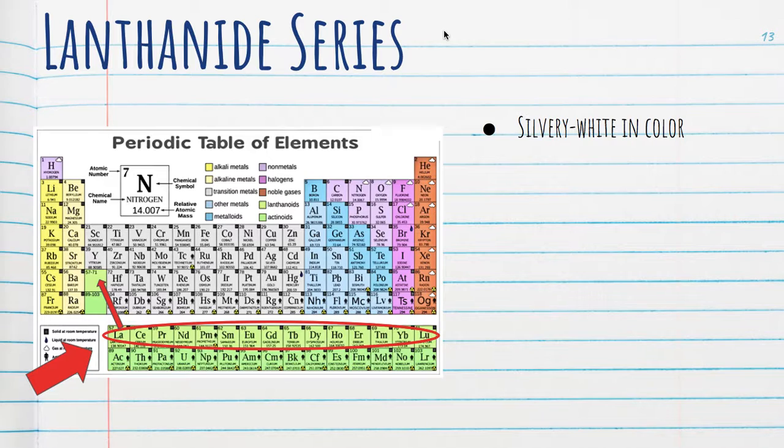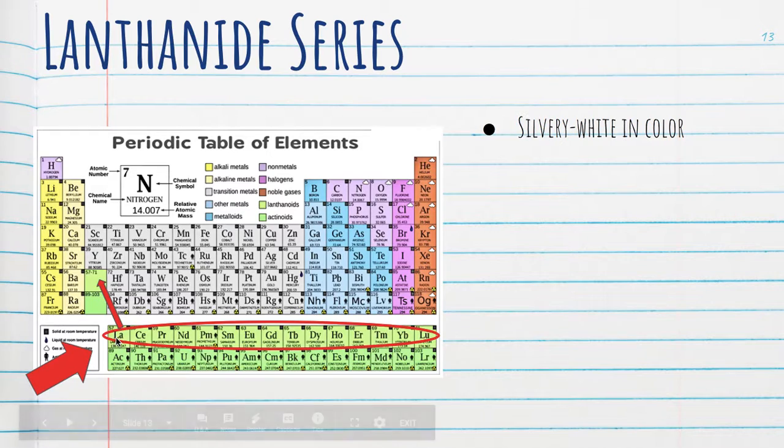Okay, we have 2 groups called the lanthanide series and the actinide series, and these groups actually fit in the periodic table. You'll see where I've put this red arrow, but what they've done is they've taken the first element in that group, in this case right here, number 57 is lanthanum, and they have named this whole group after that, so that's why it's called the lanthanide series.